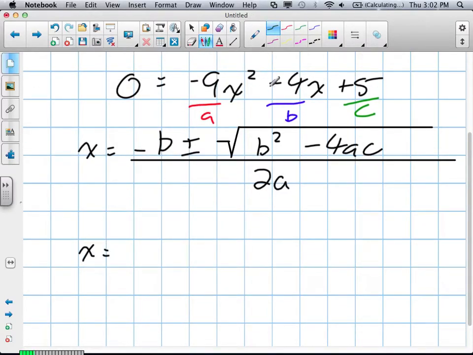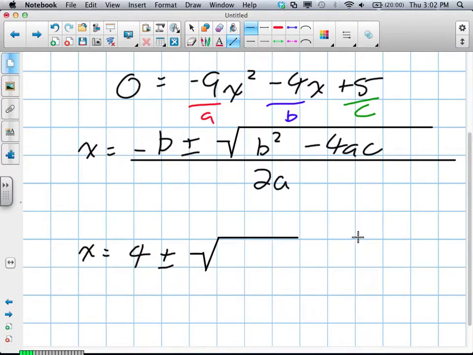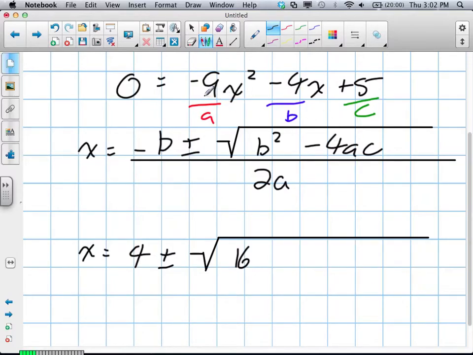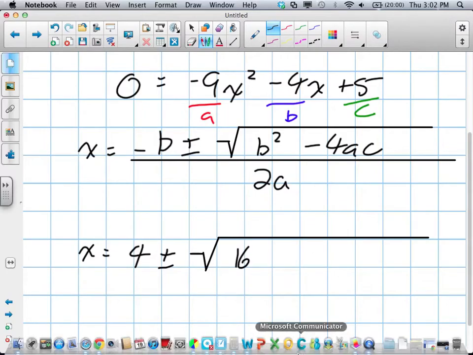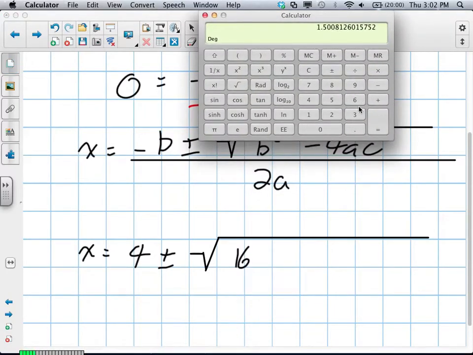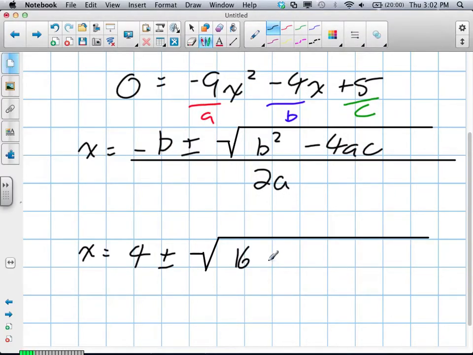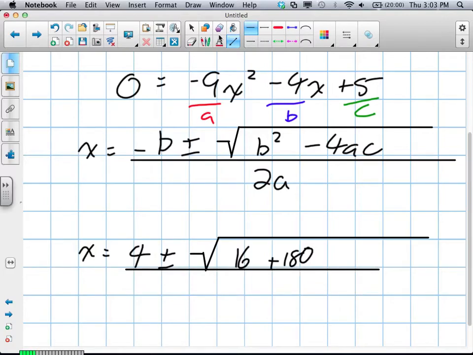x is equal to negative b, well, b is negative 4, so we get positive 4 plus or minus the square root of b, which is negative 4, squared will give us 16. Negative 4 times negative 9 is positive 36, times 5, 180. So plus 180. All over 2 times a, well, a is negative 9. 2 times negative 9 is negative 18.